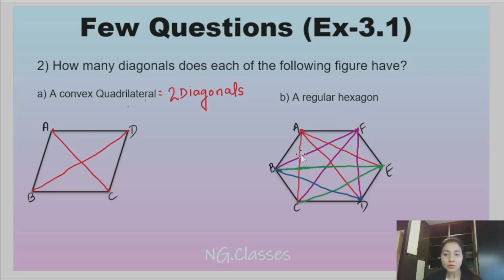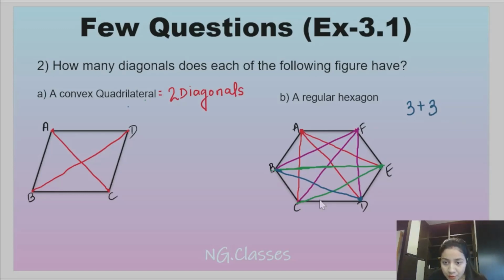Now count the number of diagonals from here. So I am having 3 red lines, that is 3 red diagonals. Then I am having 3 pink lines, 3 more diagonals.